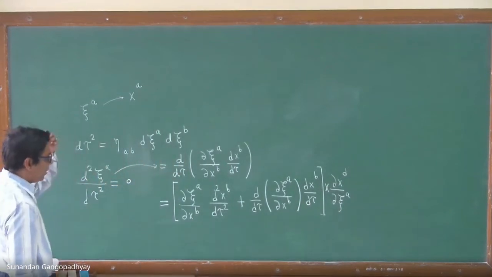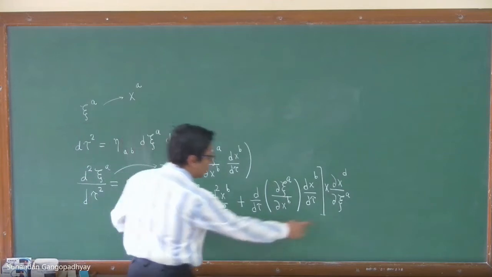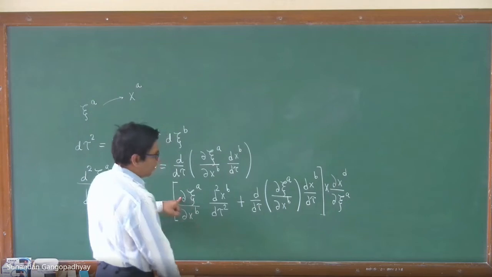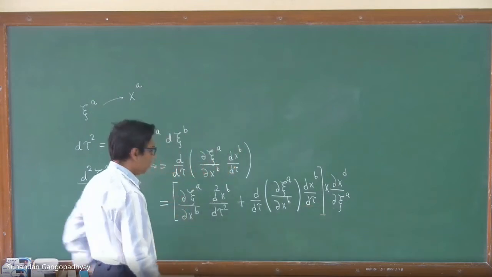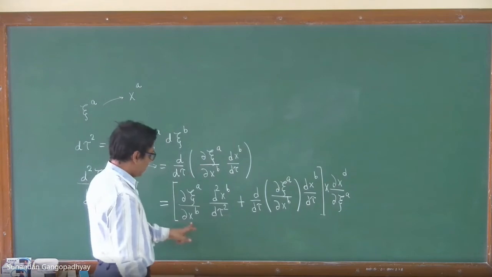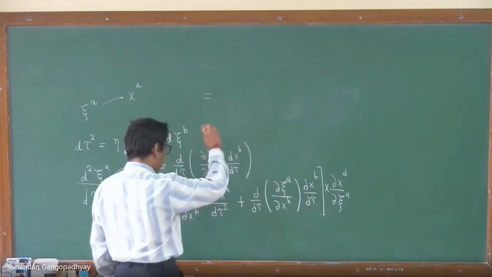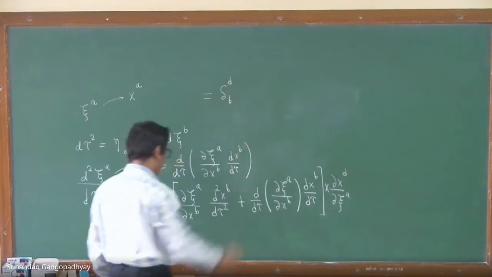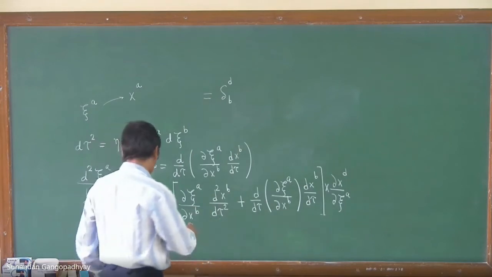So if we do this, then we shall get this multiplied by this factor: ∂x^d/∂ξ^a times ∂ξ^a/∂x^b. By the chain rule, this is nothing but ∂x^d/∂x^b, and that is equal to the Kronecker delta, times d²x^b/dτ².